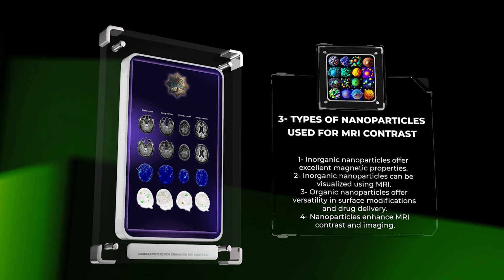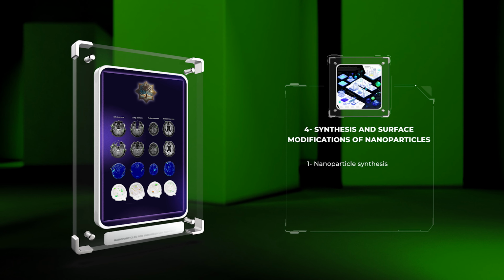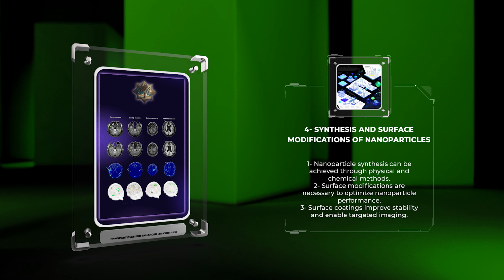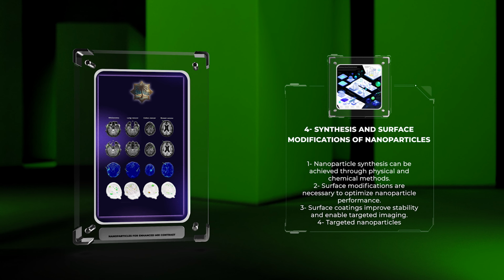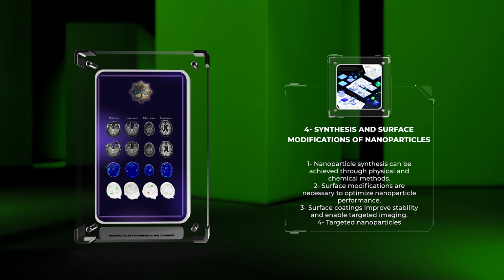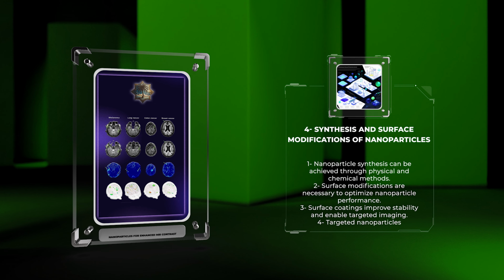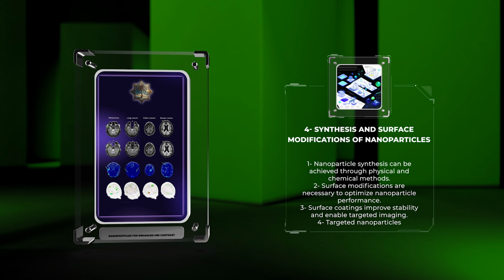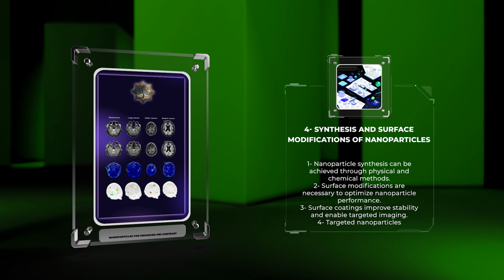The synthesis and surface modifications of nanoparticles play a crucial role in tailoring their properties for enhanced MRI contrast. Various techniques and approaches have been developed to control nanoparticle size, shape, composition, and surface characteristics. Nanoparticle synthesis can be achieved through physical methods, such as sol-gel, precipitation, and thermal decomposition, or through chemical methods like co-precipitation and hydrothermal synthesis.